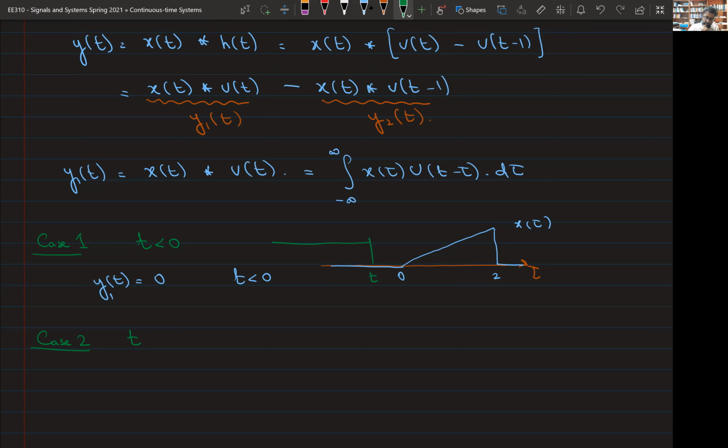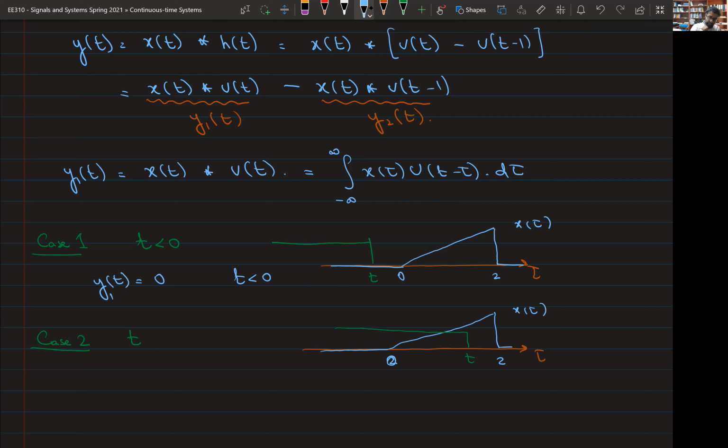Right, so case 2 would be, if this was tau, right? And once again, this was x of tau. And this is u of t minus tau, where this was t, which was between 0 and 2.